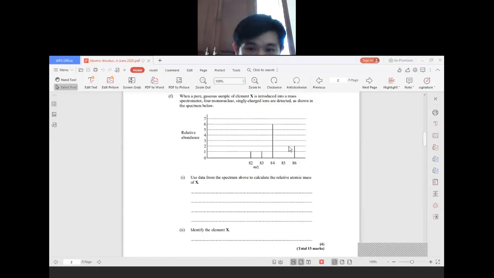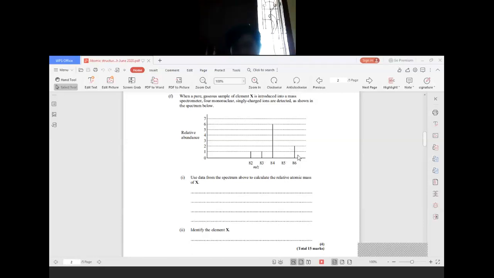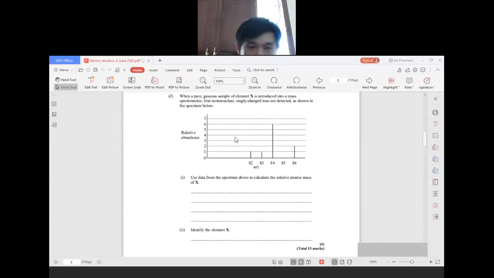So there is a mass of 84, 82, 83, 84, 85, and 86. 85 is empty, so directly jump to 86. And there is a relative abundance. Use the data from the spectrum above to calculate the relative atomic mass. Yesterday we learned already how to calculate relative atomic mass.